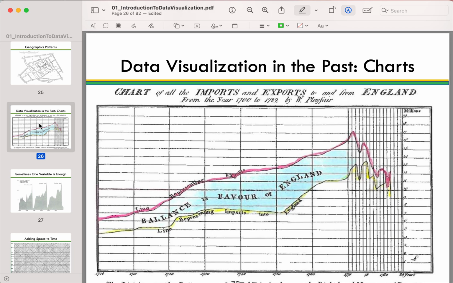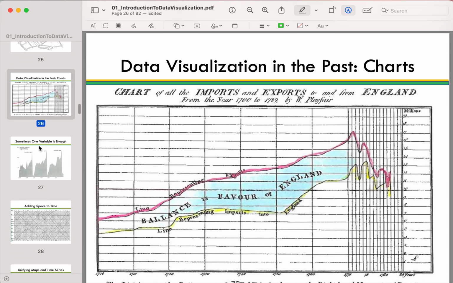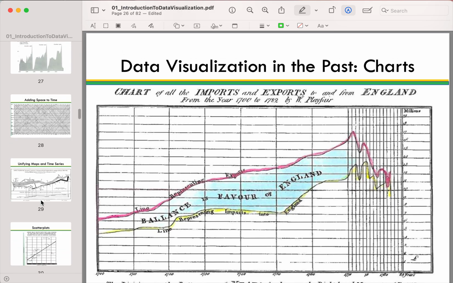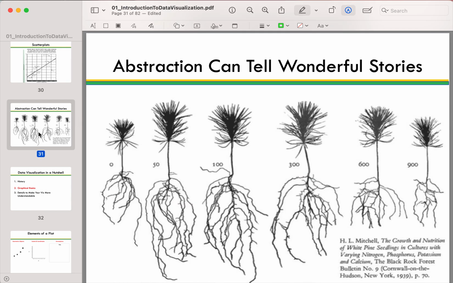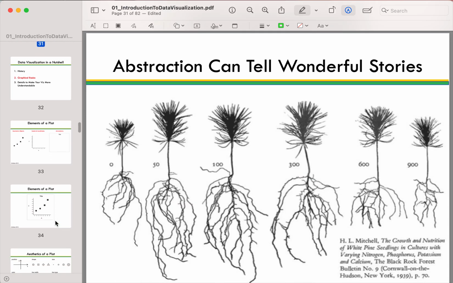And this again is a map that is showing territories, lands or rivers. Visualization of plants with their roots and their leaves.